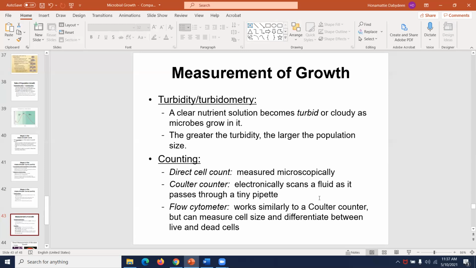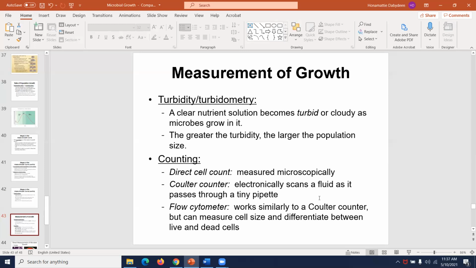We can do either a direct count. We can put a certain volume under the microscope and manually count and adjust for the volume.